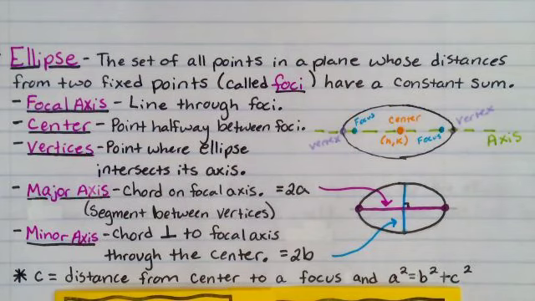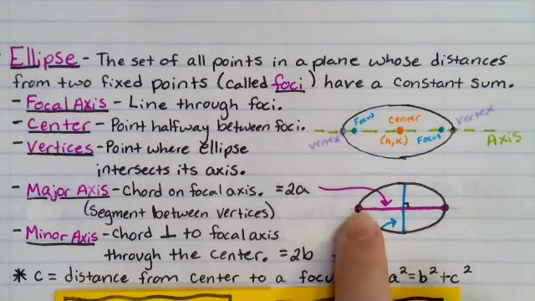Not just the focal axis, but the major axis or the minor axis, where we're looking at a segment or a chord. If you remember that term from geometry when you dealt with circles, it just talked about a segment that was inside the circle and hit two sides of it. So that's what we're seeing here, or just think of it as a segment.